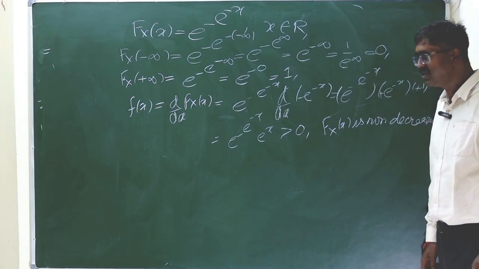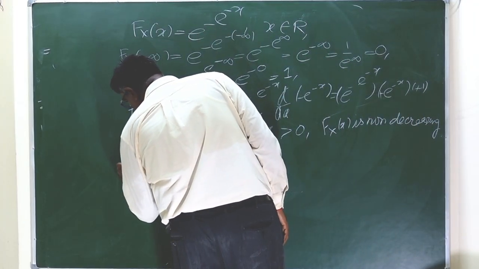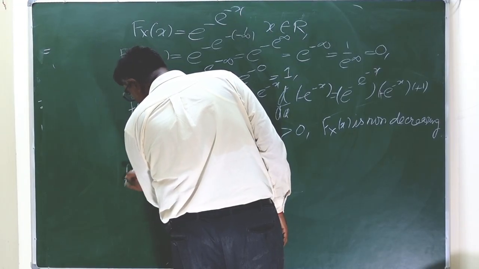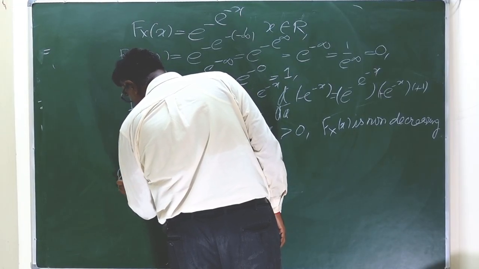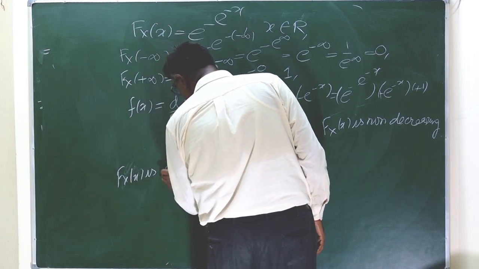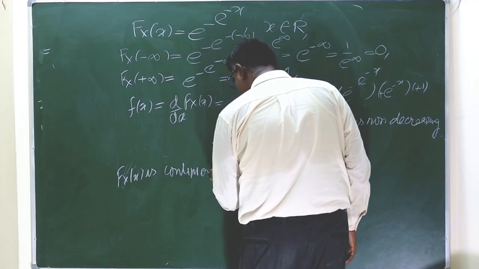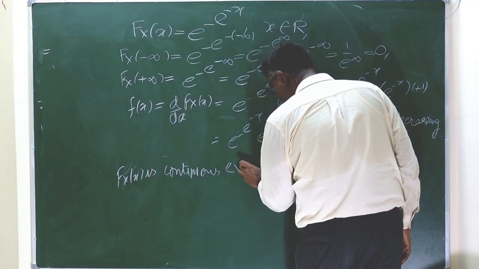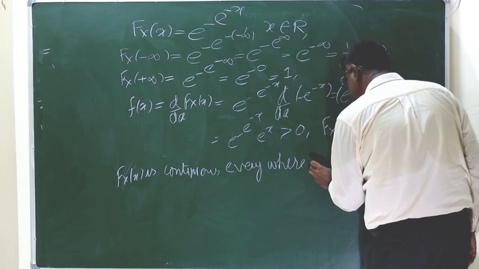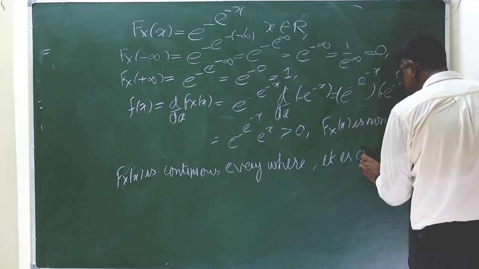So this way we have established this. Now we will check the continuity. Since exponential functions are continuous, we can conclude that f of x is continuous everywhere. So it is also right continuous.